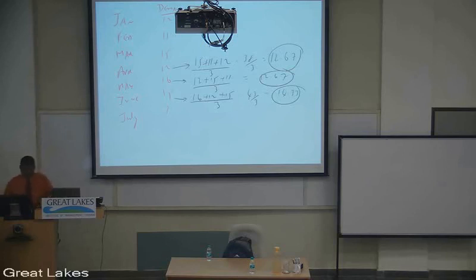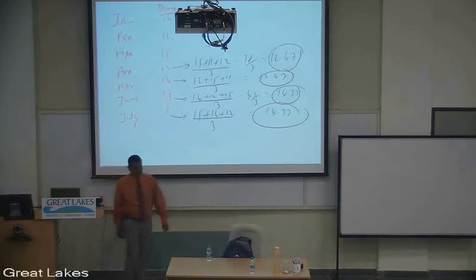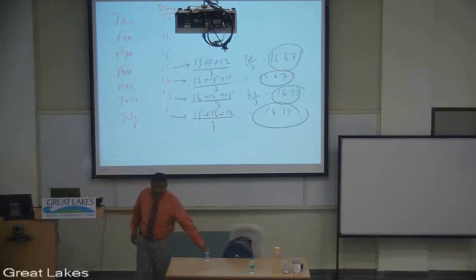Finally, July. The previous 3 months would be 15 plus 16 plus 12 over 3, which is nothing but 14.33.